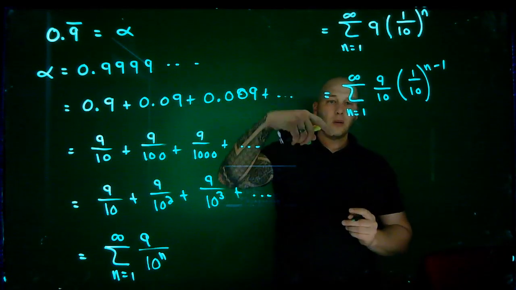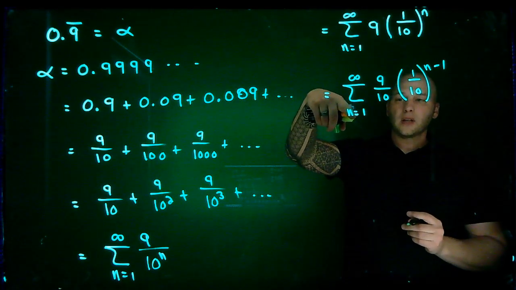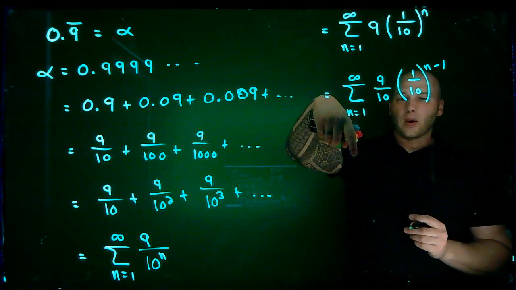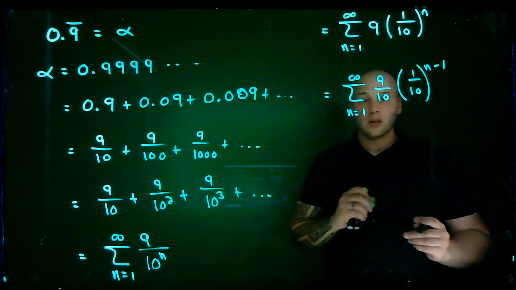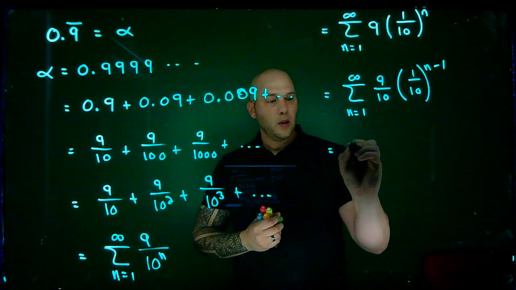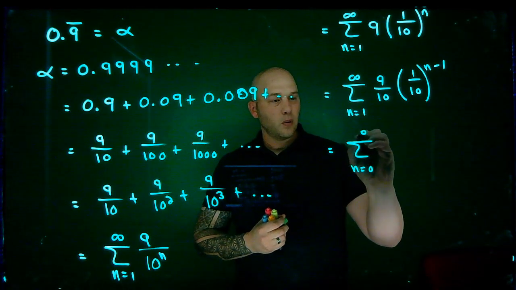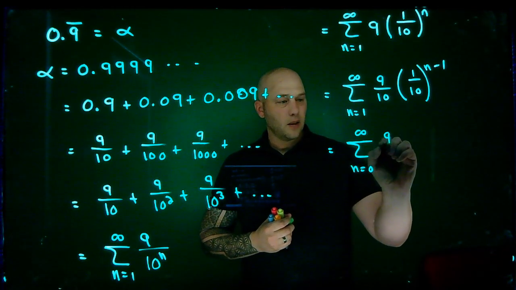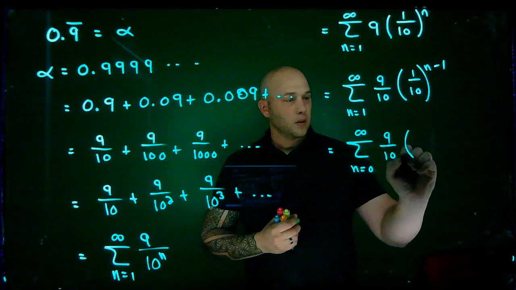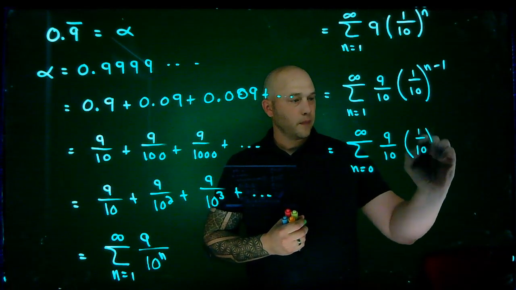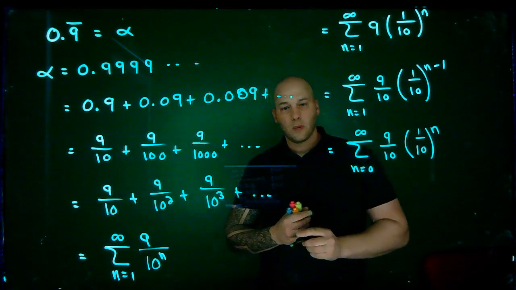And then what I can do is I can take the initial index and I can decrease it by 1, which means I'm going to increase the index variable by 1, giving me the sum from n equals 0 to infinity of 9/10 times (1/10) to the n.